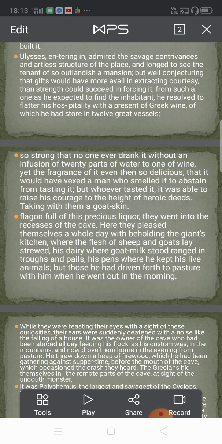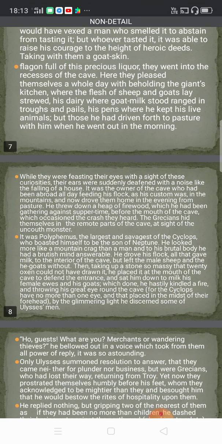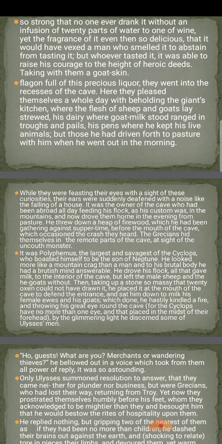And now the next one. While they were feasting their eyes with a sight of these curiosities, their ears were suddenly deafened with a noise like the falling of a house.